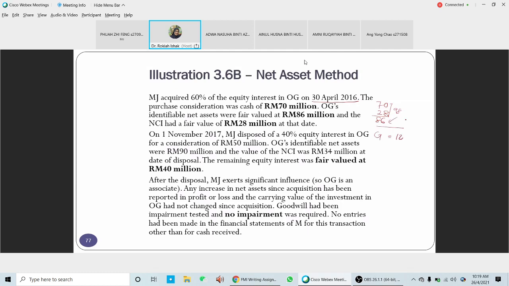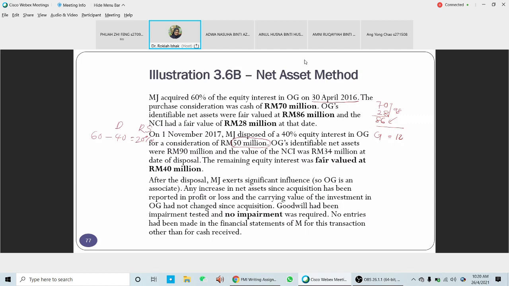On 1st of November 2017, MJ disposed of 40% interest in OG for a cash consideration of 50 million. Yeah? So you start with 60. Now you dispose 40, so you only have 20% of your remaining stake. This one is your disposal.